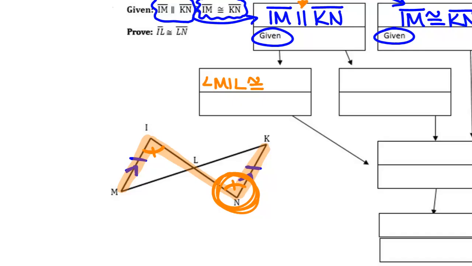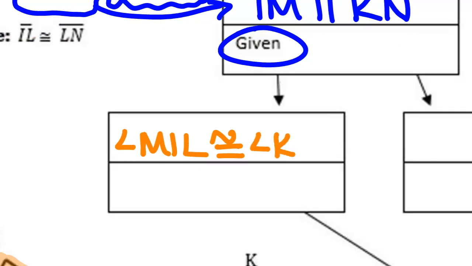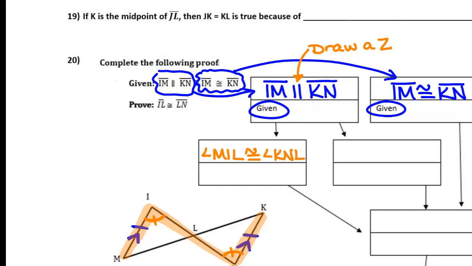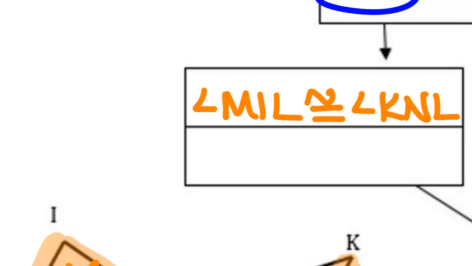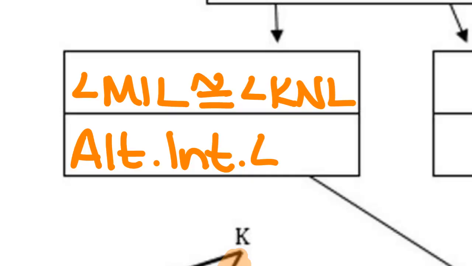Yep, KNL or LNK. Angle KNL. What do we call that special angle pair there? Alternate interior angles. So these 2 are congruent to each other by the alternate interior angles theorem.